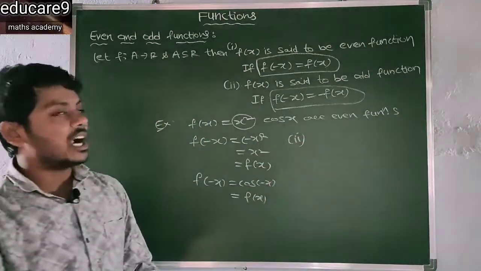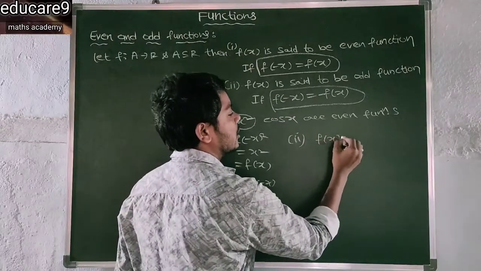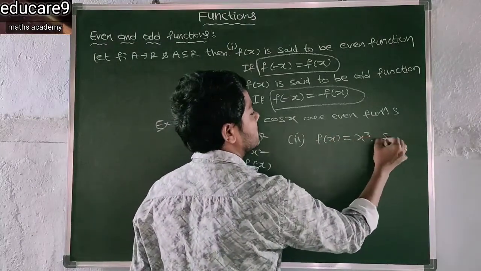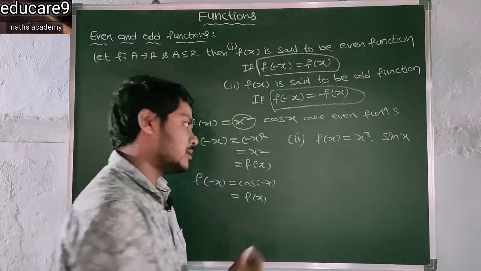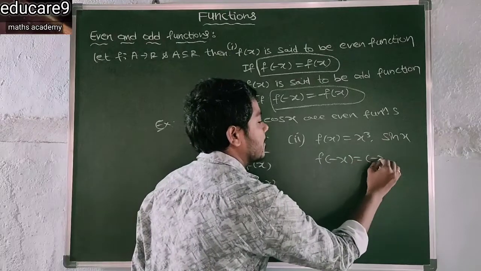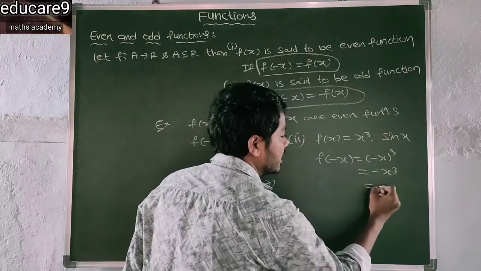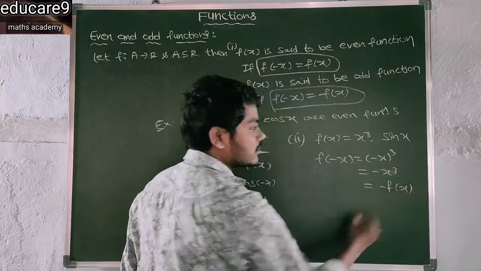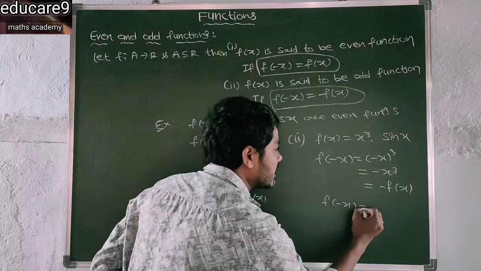So next one, odd function. For example, f of x is equal to x cube comma sin x. Now find f of minus x. What will you get? Minus x whole cube, this is minus x cube. You get minus f of x. And find f of minus x for sin x.